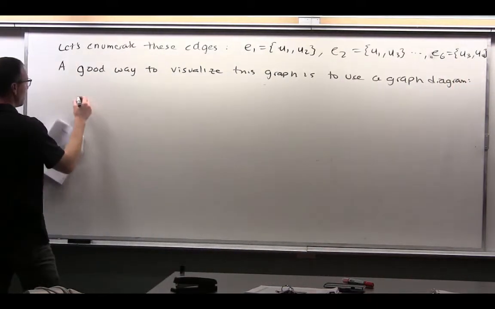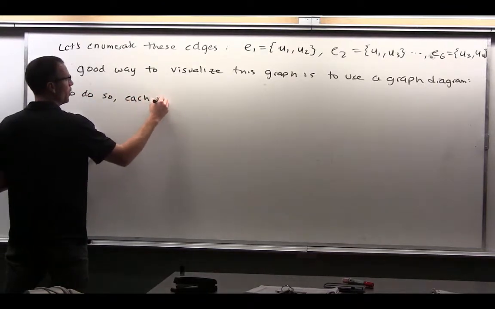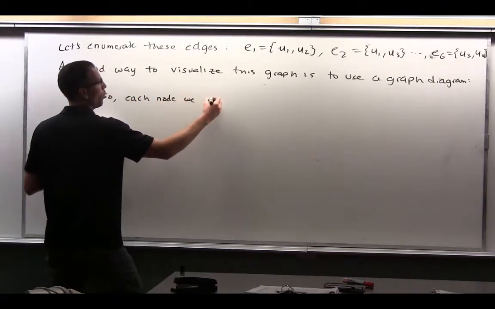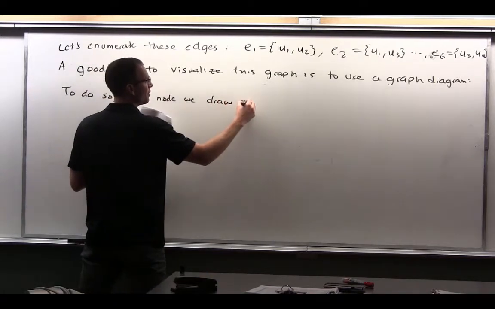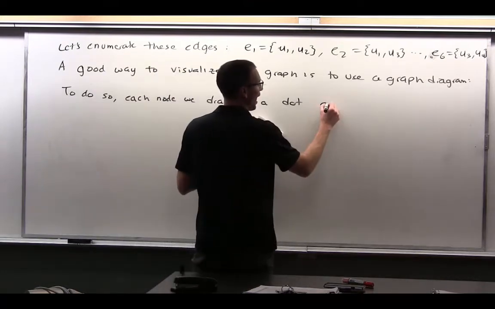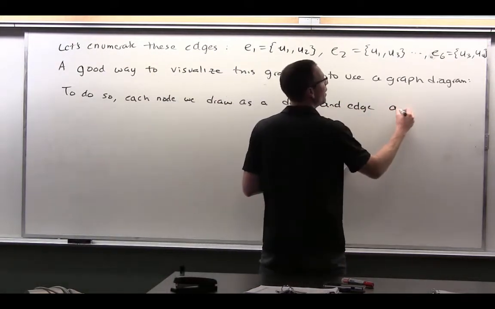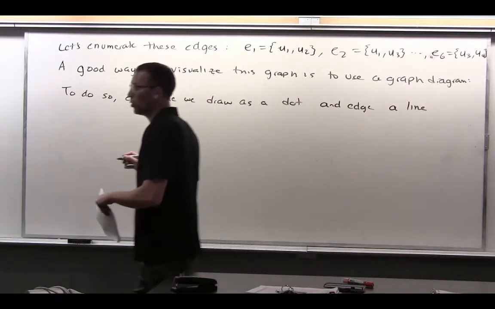All right. To do so, each node we draw as a, can you guess? A black dot, and each edge is what? A line segment connecting 2 nodes.